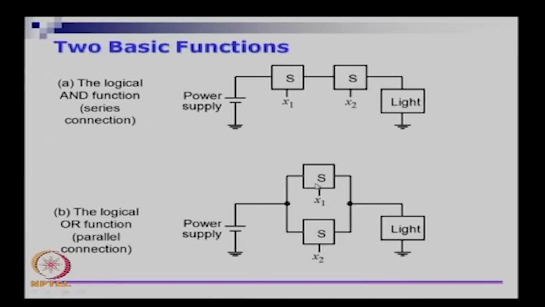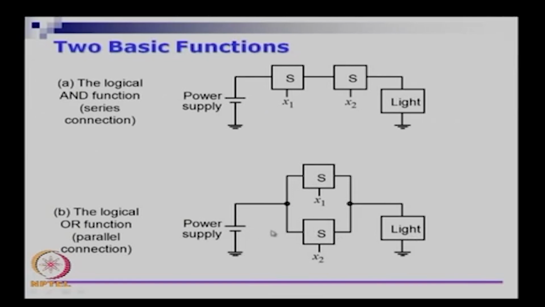If X1 is off and X2 is also off, then there is no path from the power to ground. However, if X1 is on, there will be a current through switch X1 to the light. If just X2 is on, then there will be a current through this. If both X1 and X2 are on, there will be current through both of them and the light will glow.